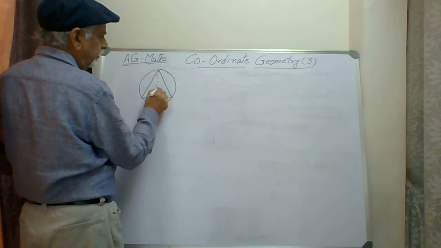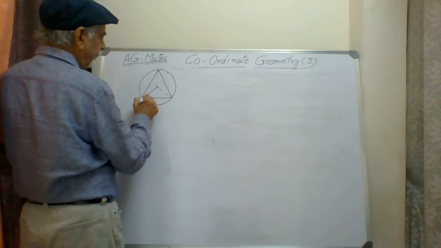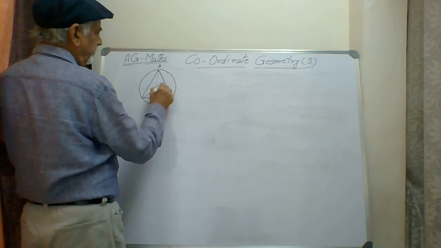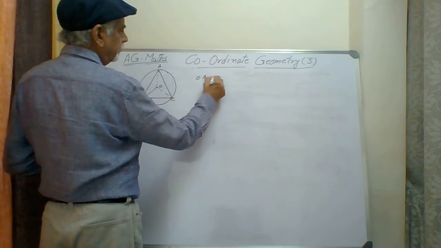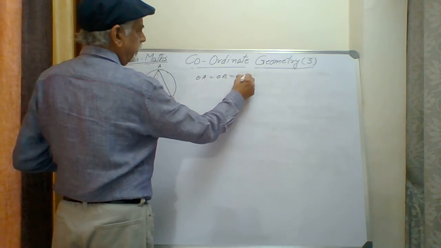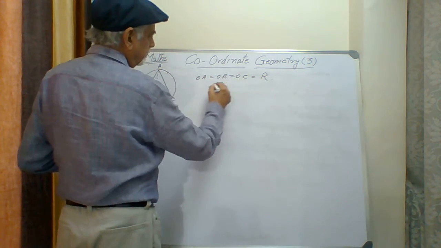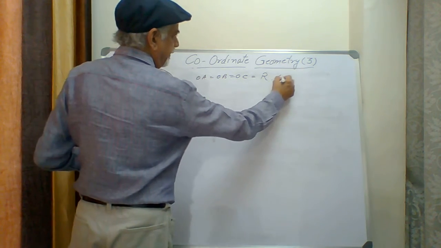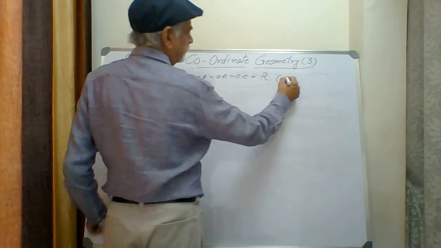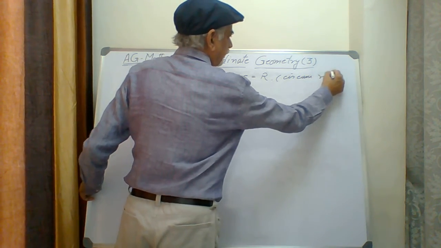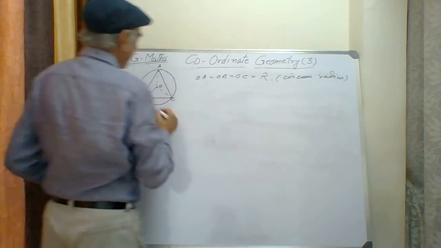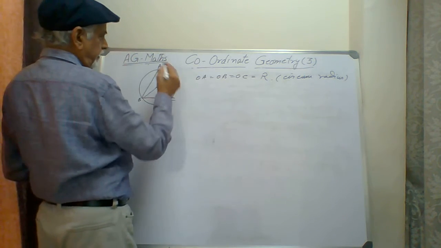These are the radius. O is the circumcenter. Then we say OA is equal to OB is equal to OC is equal to capital R, the circumradius. And this is called the circumcircle.